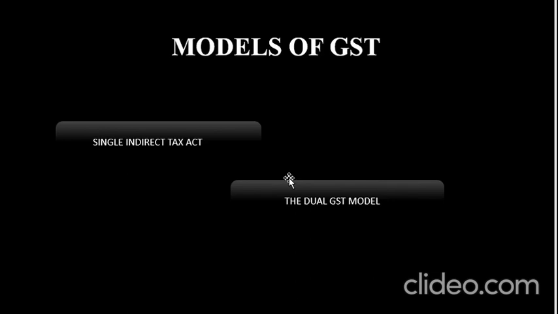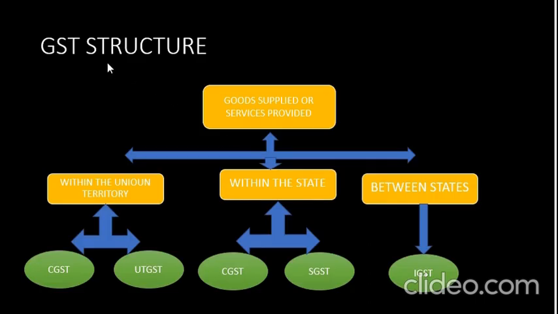So all the states of India, including Jammu and Kashmir, are adopting GST. As the states as well as the center manage it, we come under the dual GST model. Under the dual GST model, what are the different types of GST? We will understand these when we get into the GST structure.